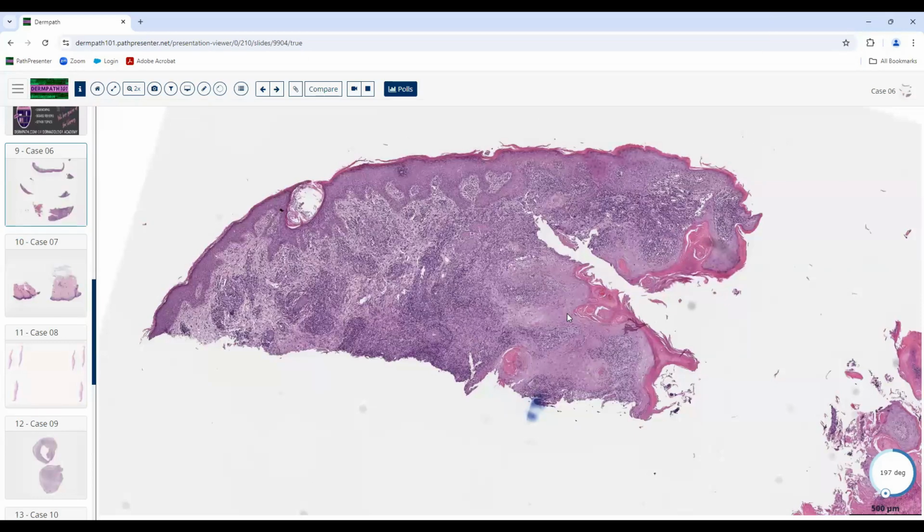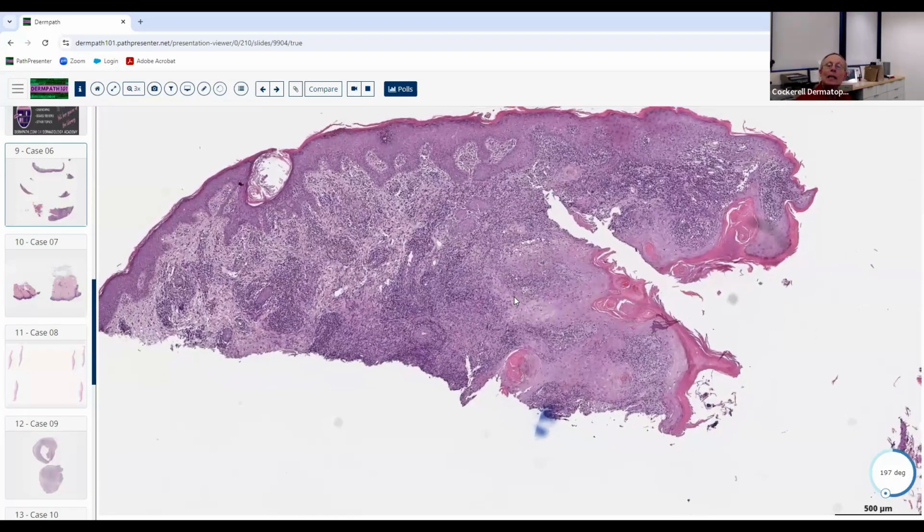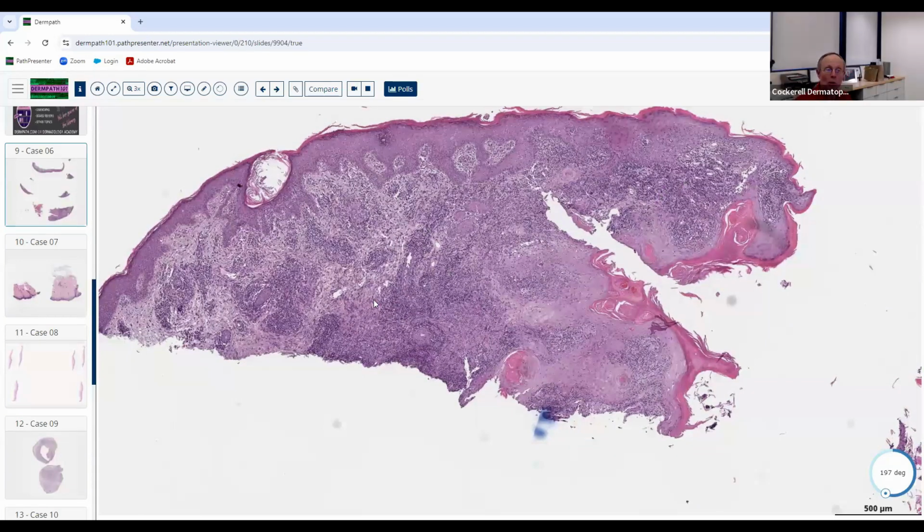Just the amount of inflammation, and then kind of looking in the inflammation. What kind of inflammation are we looking at? Nodular. Okay, it is a nodular dermatitis. Good.